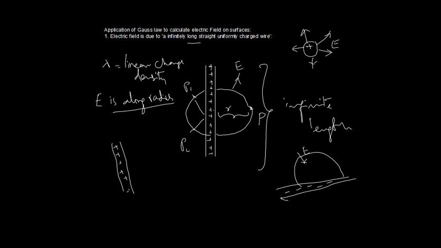Around this, he is assuming a cylindrical Gaussian surface. The important thing is that this line should be going further; it can't be stopping there. That Gaussian surface should be smaller than the length of the conductor. I extended them. So that is what he has given.